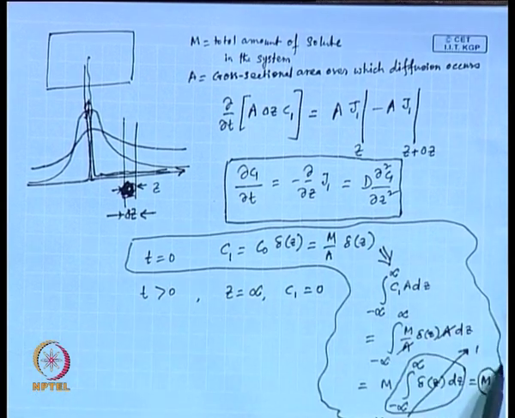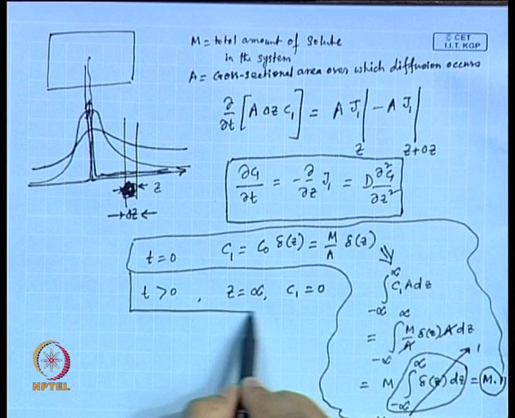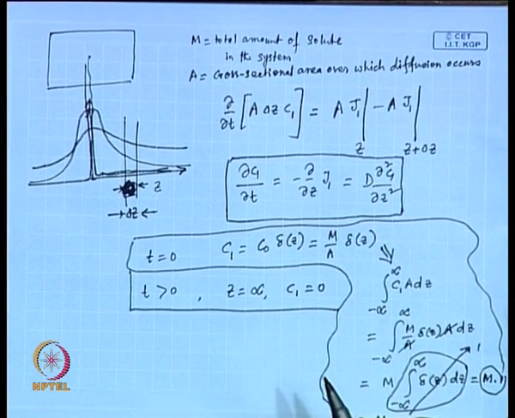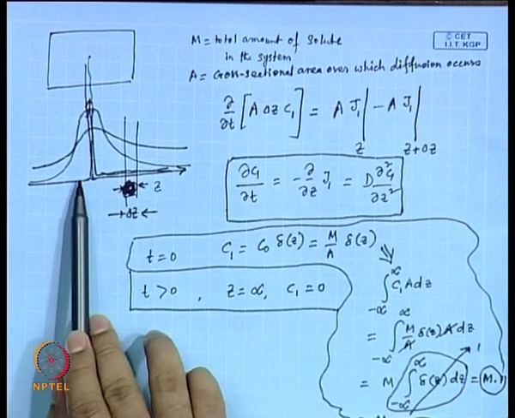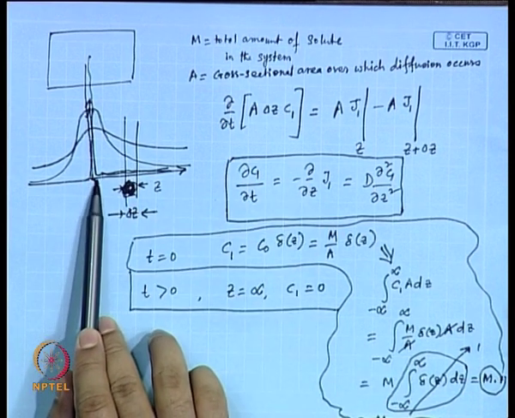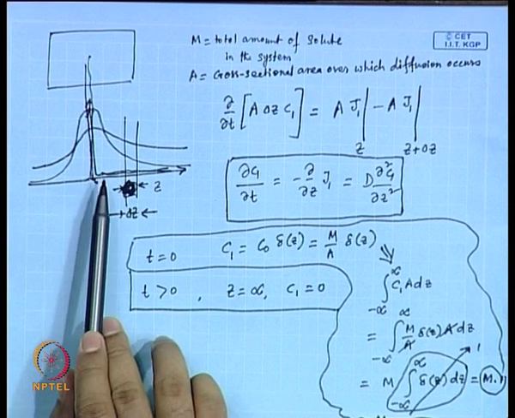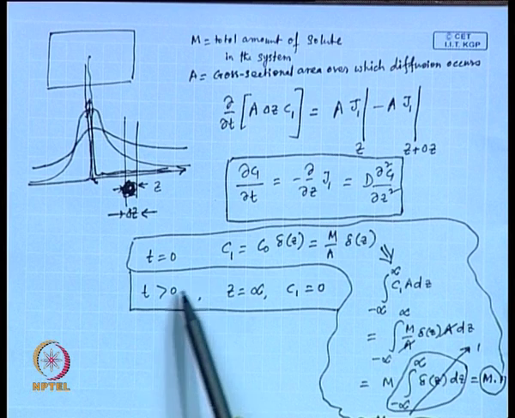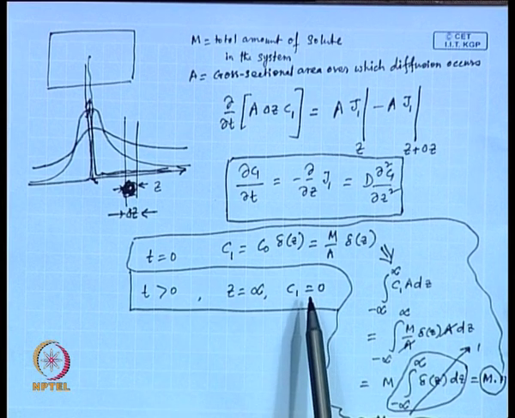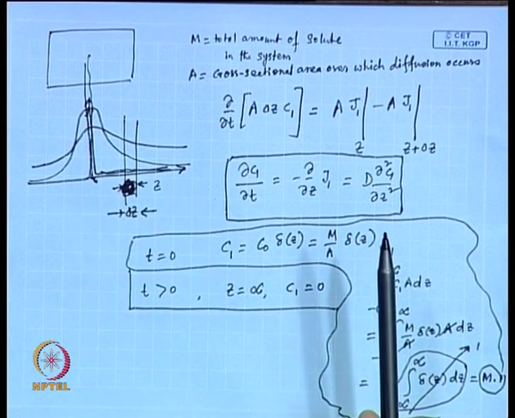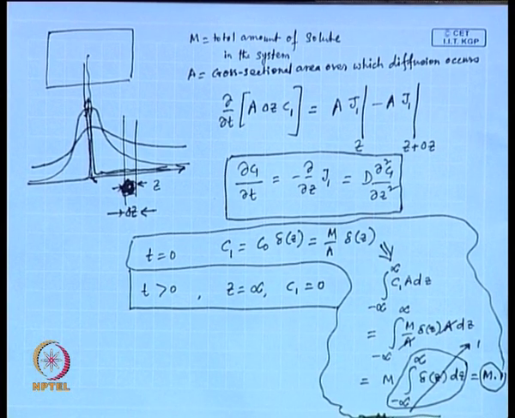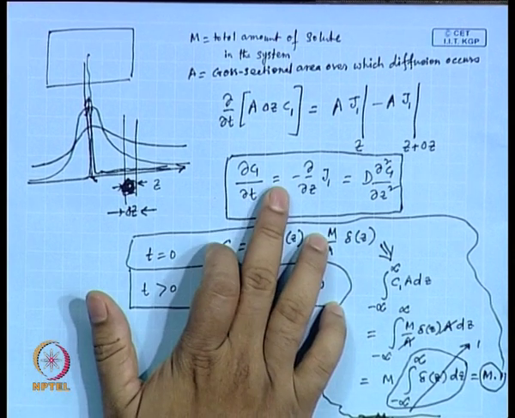The other condition is at t greater than 0, z is equal to infinity, C1 is equal to 0, because at z equal to infinity, that is far away from the spot, far away from the place where you put the spot of tracer, there is no effect. That is what you say here, C1 is equal to 0. That means the color cannot go all the way to infinity, because after all you have put a very small spot of tracer. So, these are the two boundary conditions, and this is the governing equation.